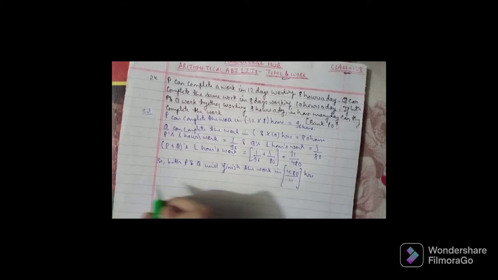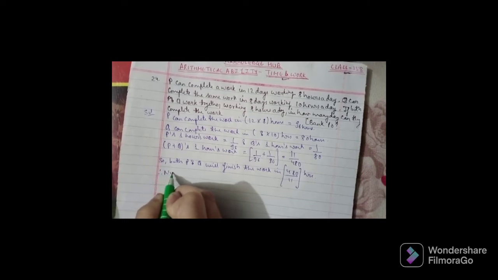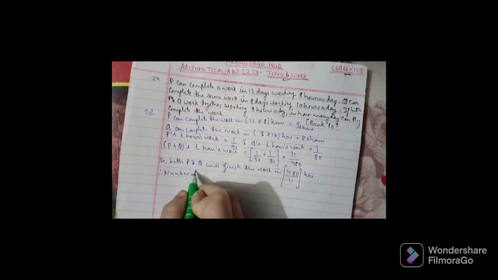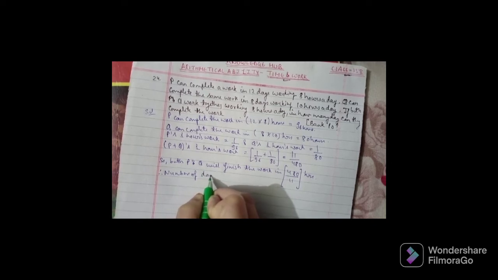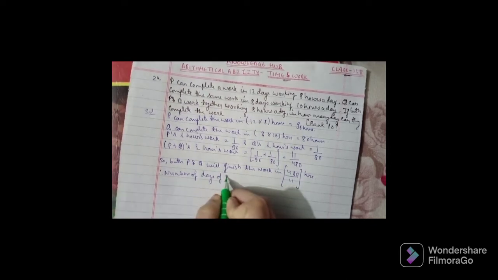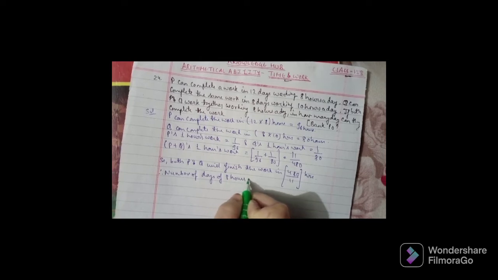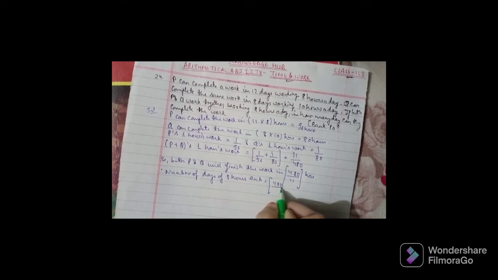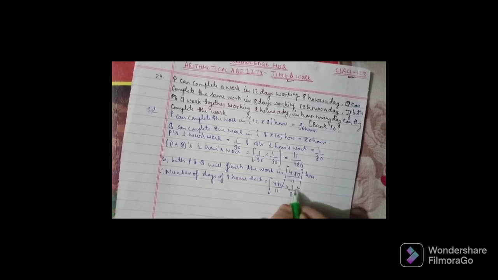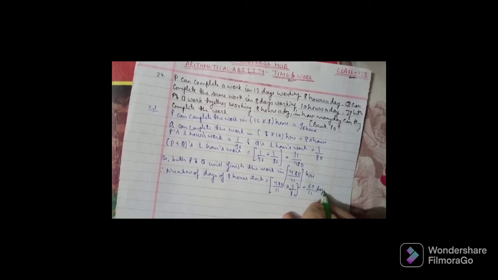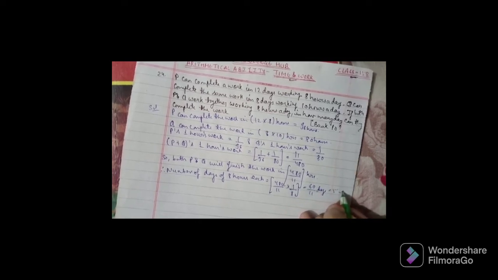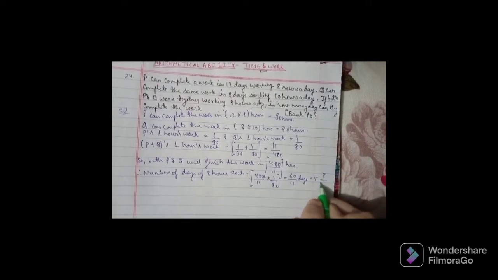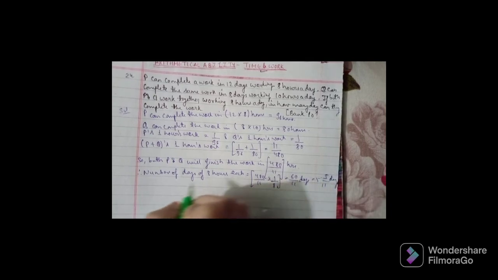So the number of days of 8 hours each goes to 480 upon 11 into 1 upon 8, which is 60 upon 11 days, equal to 5 by 11 days. That we get as an answer.